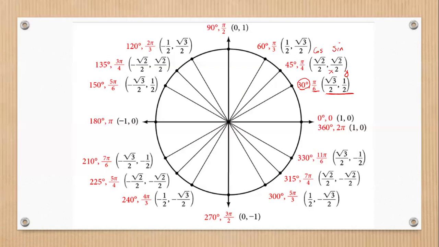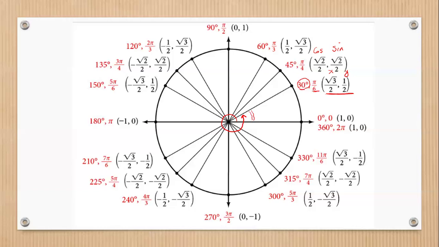And if you have an angle in the second rotation or any rotation after the first, you can find them by just removing each rotation and getting back to the first rotation by subtracting 360, because we have the same value. For example, if I have a 390 degree angle, it's more than one rotation, but I can easily remove the first rotation, the 360 degrees, and my answer should be the same as the answer for a 30 degree angle.